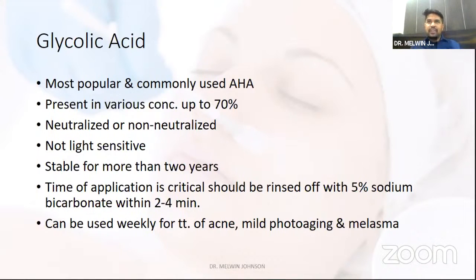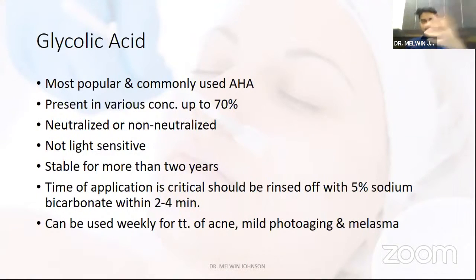Some of these products have to be neutralized, so anything above 15% glycolic acid, you will have to neutralize. You cannot give the patient to use it, but some of them are using it again. So I'll just explain how it is done side by side. It is mentioned ahead in the lecture.